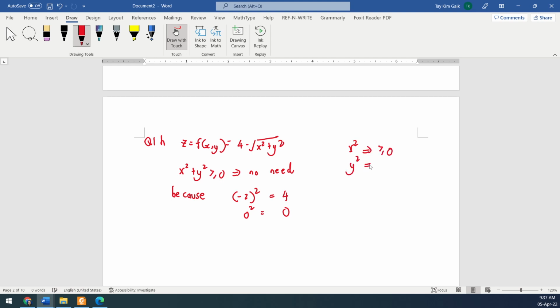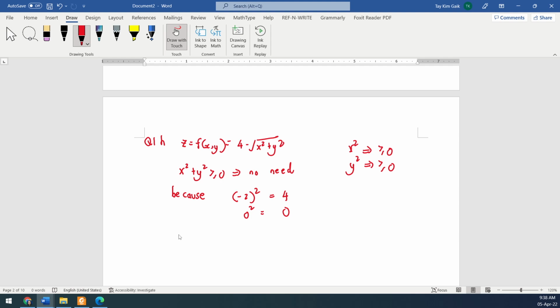Y squared is already guaranteed to be greater than or equal to 0. That's why, in this case, even though for a square root function you set whatever is inside the square root greater than or equal to 0 to avoid a complex root, because x squared is always positive and y squared is always positive, there's no condition at all. x can take a negative number, because when squared you get positive. x can take 0, and of course x can take positive.